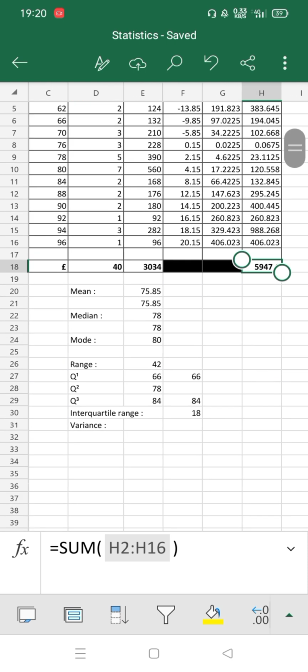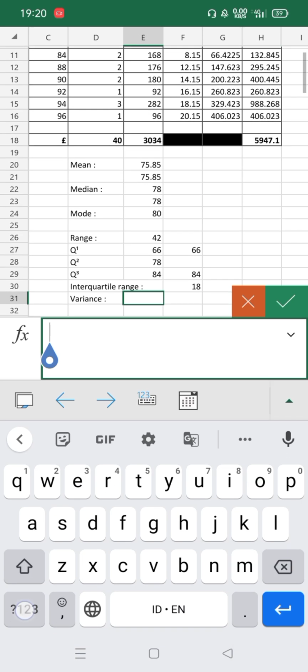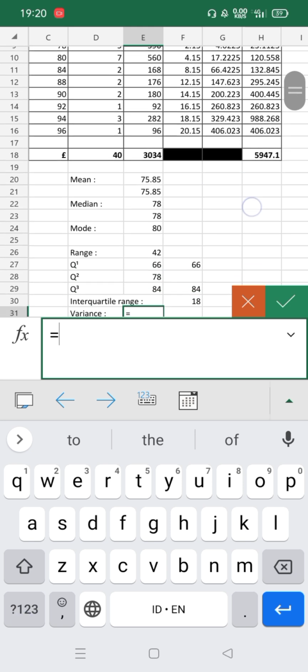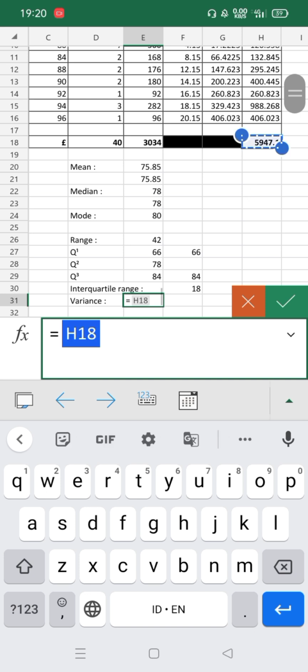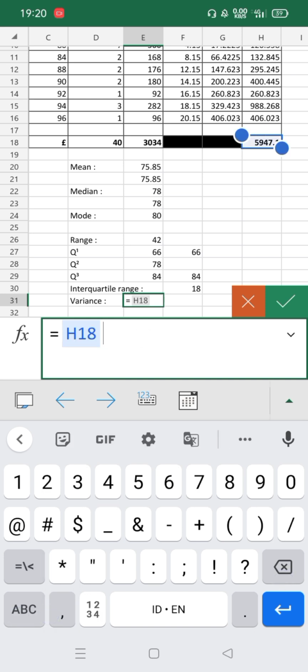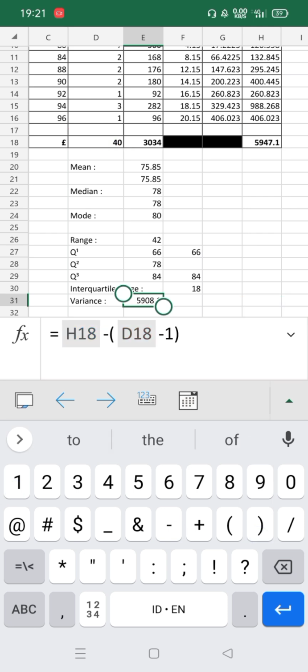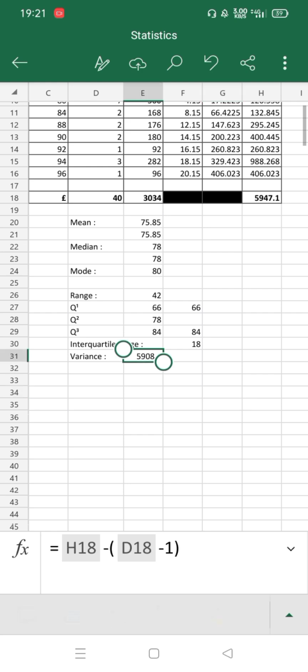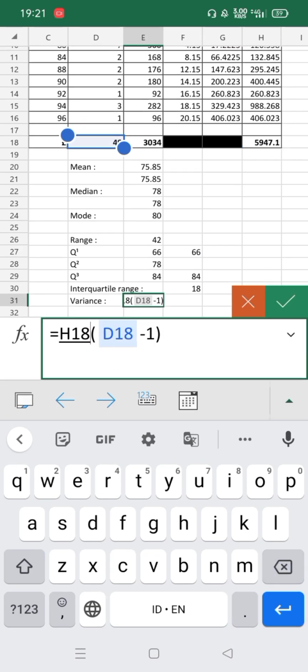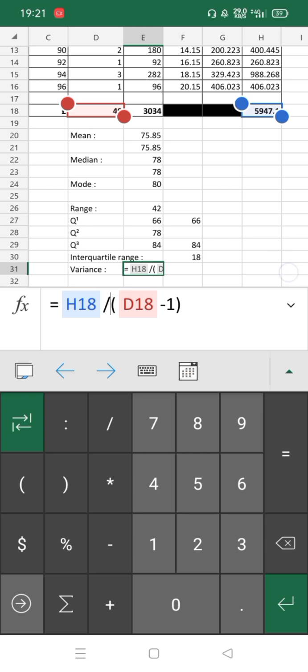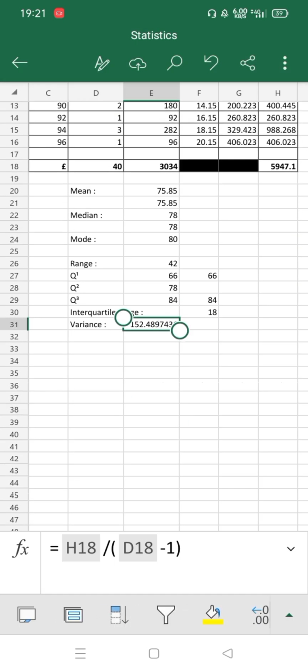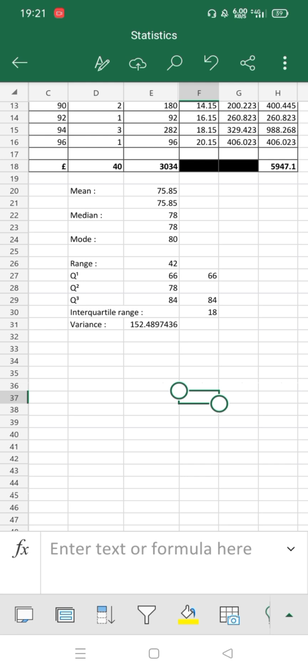We got 5,947, divided by the total of the frequency minus 1. So you hit this, and you write minus, and don't forget to do the square, and minus 1 here, and there you go. Oh, I'm sorry, it is not minus, it is slash, or divided by. And here you go.